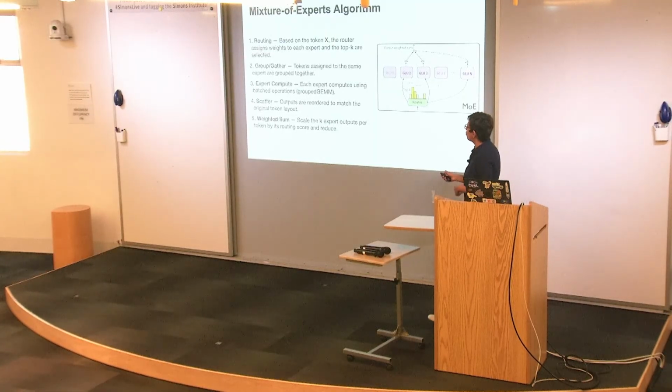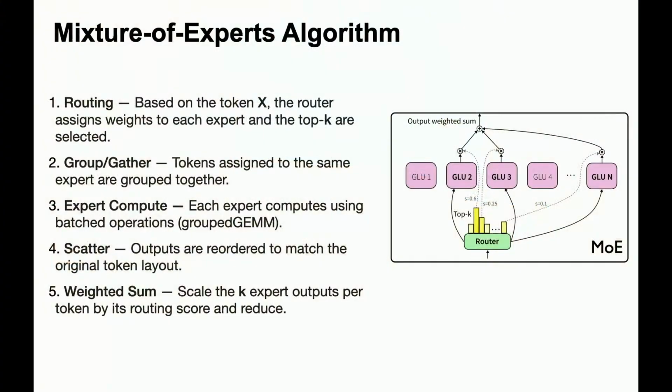Okay, so the way you do this is for each token, the router assigns weights to each expert, and the top k are selected. You do a group operation or a gather, where you gather all the tokens that are assigned to each expert. Now you have a structured computation, with a bunch of different GEMMs, matrix multiplies, all of different sizes.